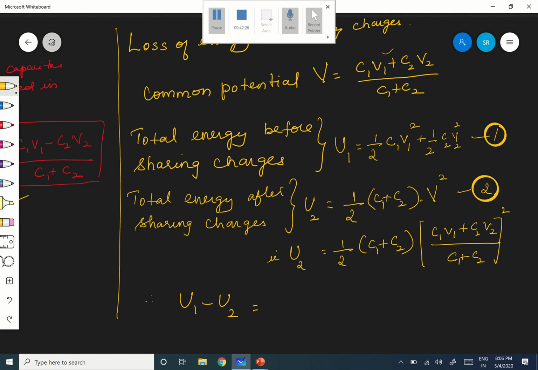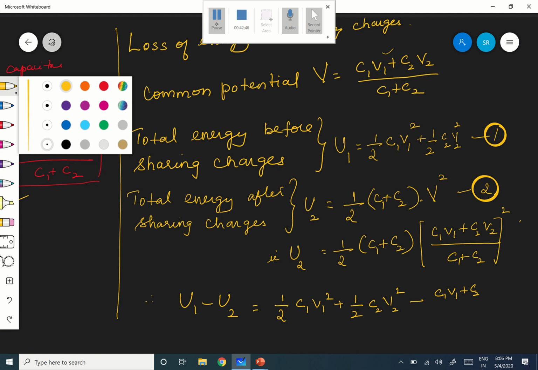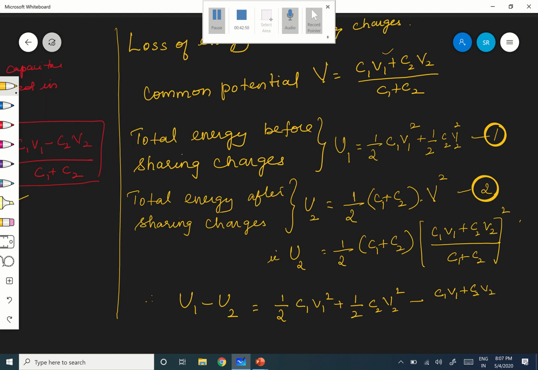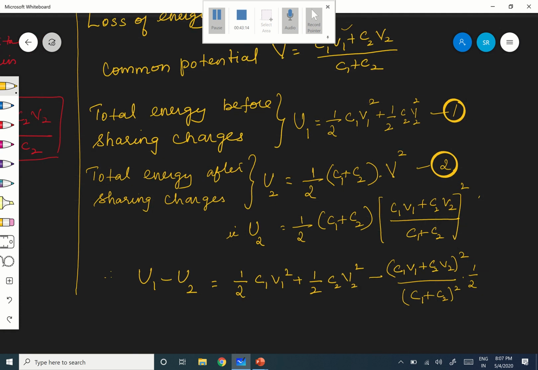U1 minus U2 equals half C1 V1 squared plus half C2 V2 squared, minus C1 V1 plus C2 V2 the whole squared, divided by C1 plus C2 the whole squared, into half C1 plus C2.